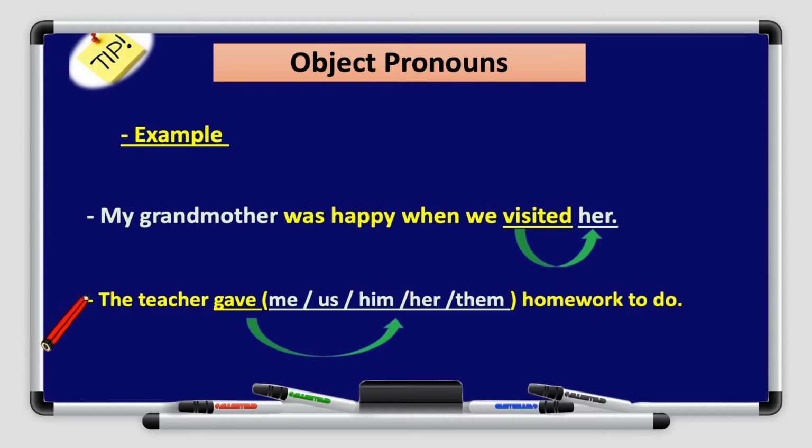My grandmother was happy when we visited her. Here we use the pronoun her to avoid repeating my grandmother. The second example, the teacher gave me or us or him homework to do. Here we use an object pronoun.